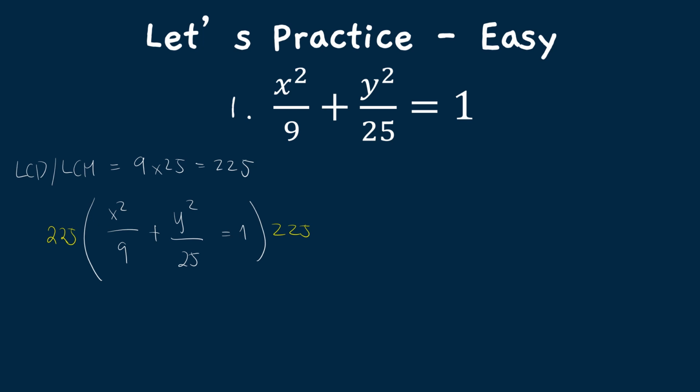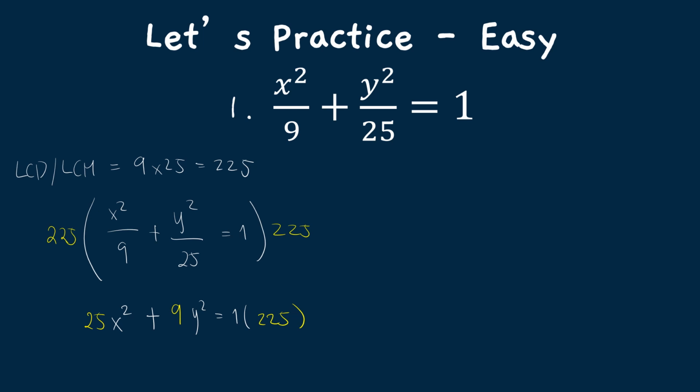So 25 multiplied by x squared plus, sorry, this should be 9 for y squared, because 225 divided by 25 is equal to 9. Y squared is equal to 1 multiplied by the LCD, which is 225.